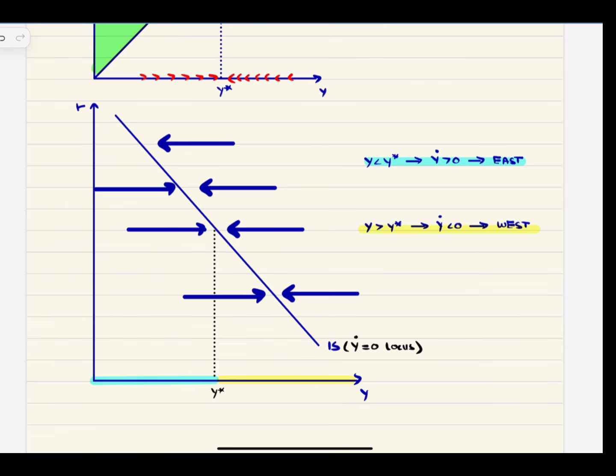It's going to take a while, but the arrows indicate that if the economy is stable, then even if the shock takes us to the right side, the stability conditions are going to push us back to equilibrium.